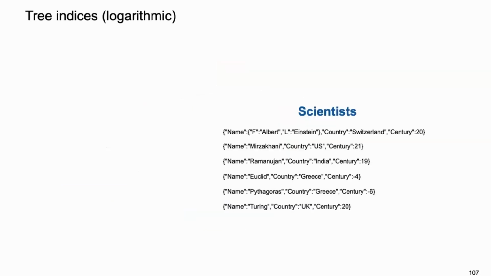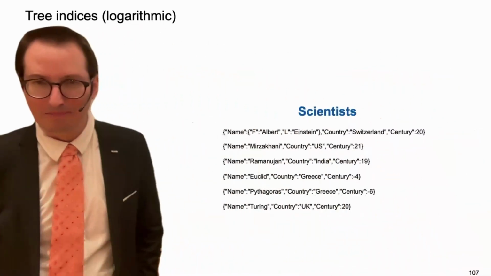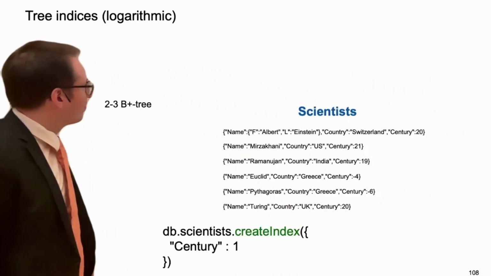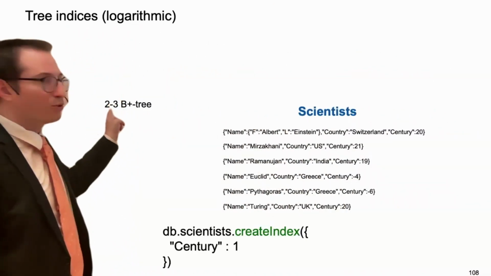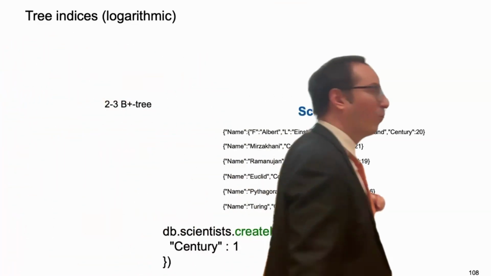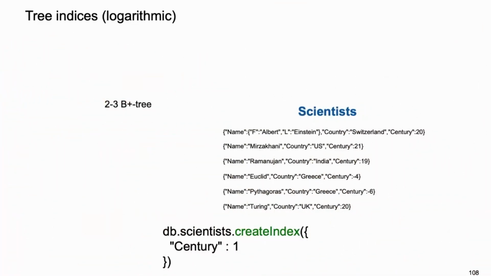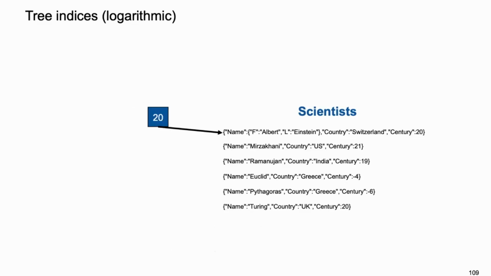All right. So now let's apply it here to this collection, right? So now I have my 6 documents. I'm going to build, for the example, a 2, 3 B plus tree. It means that I want between 2 and 3 children per node, just because I need a small example. So now let me start with 20.